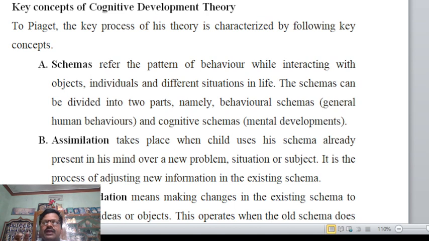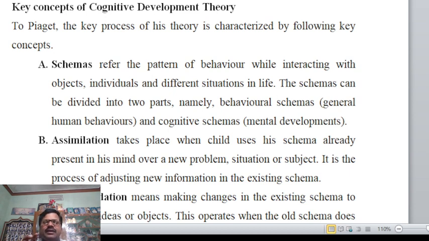Each and every student has to understand the four or five basic concepts of cognitive development theory. First one is schema. What is schema? Schema refers to the pattern of behavior while interacting with objects, individuals, and different situations in life.